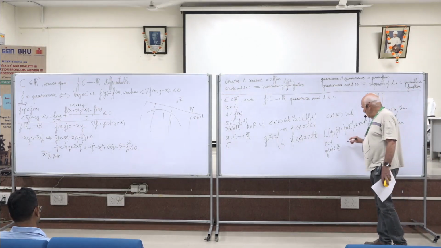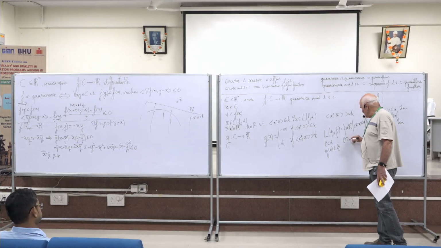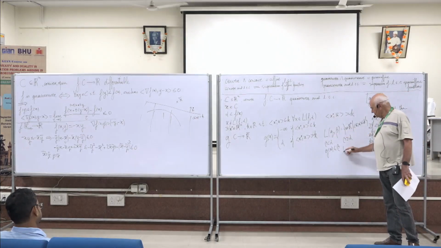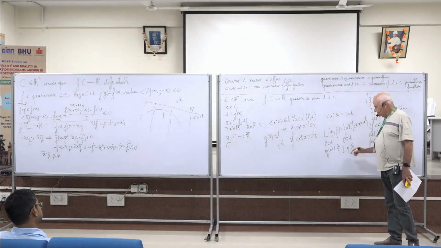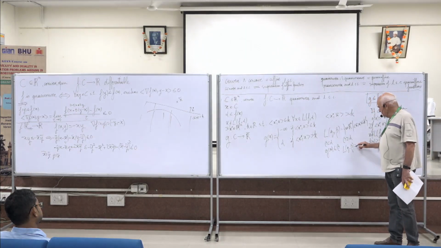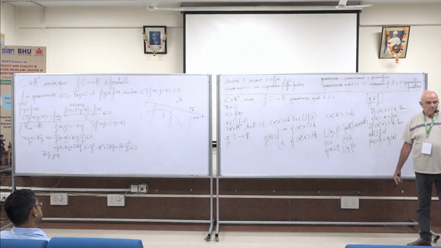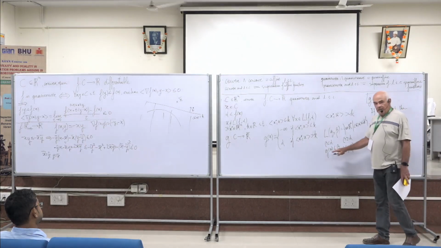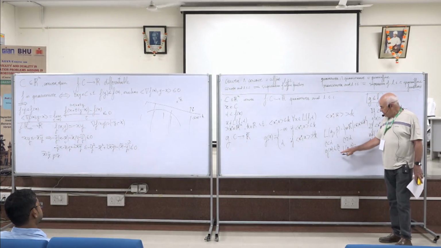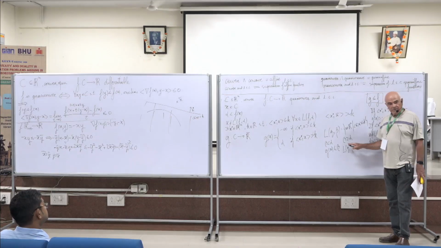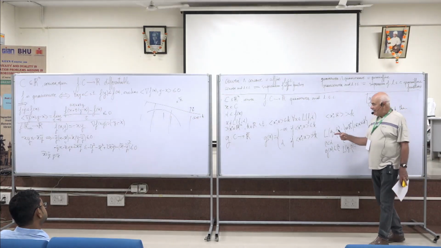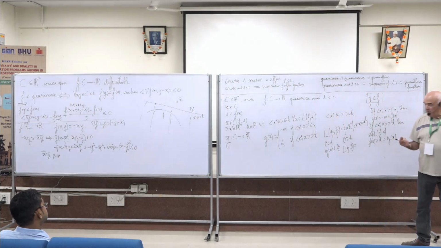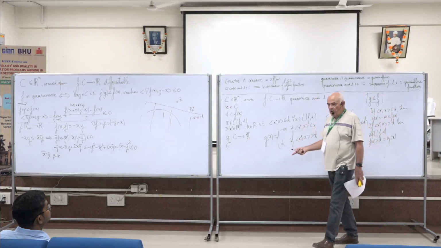If beta is greater than or equal to alpha, what is this lower level set? At every x, g of x is less than or equal to beta, because g of x is either minus infinity or alpha.